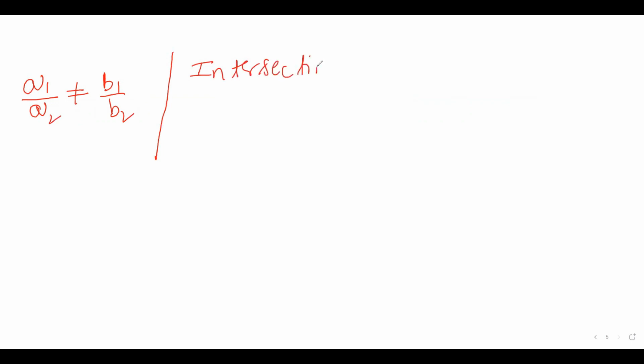So let us write down the condition. First of all, if at all a1 by a2 is not equal to b1 by b2, then you will get intersecting lines. Intersecting lines are also called as consistent lines.